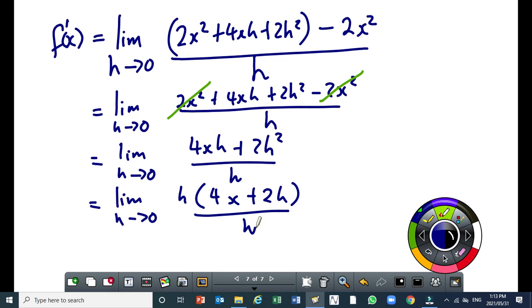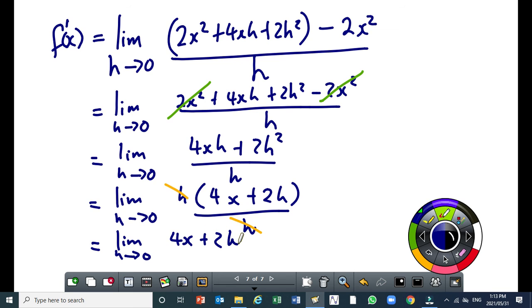Then this h cancels with that denominator h. Alright? You get the limit as h tends to 0 of 4x plus 2h.